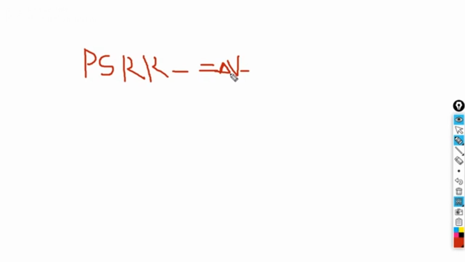Delta V is the change in the power supply, and V0 is the output.